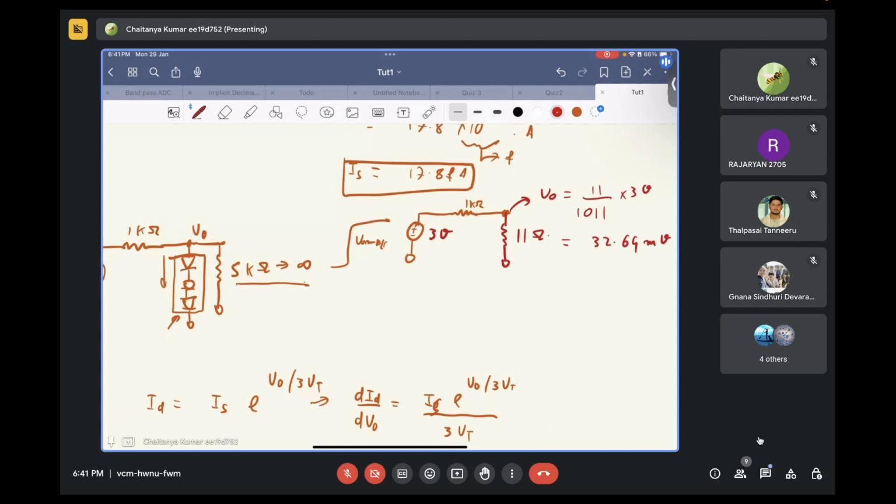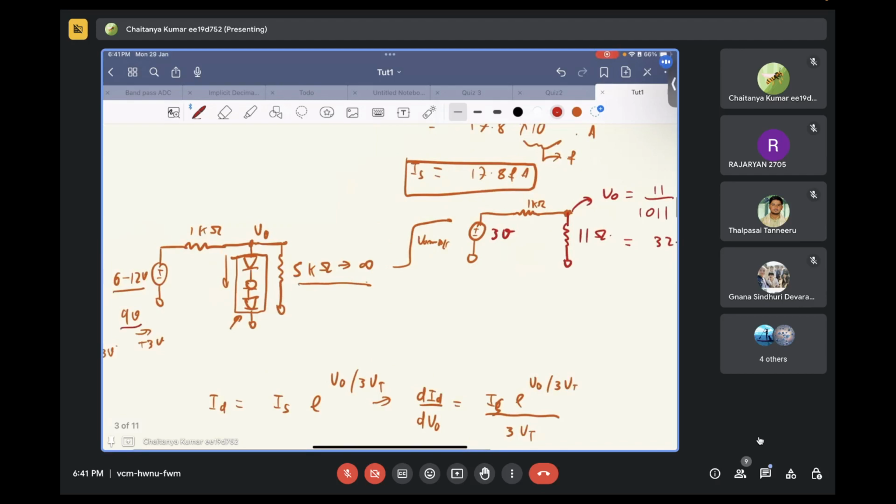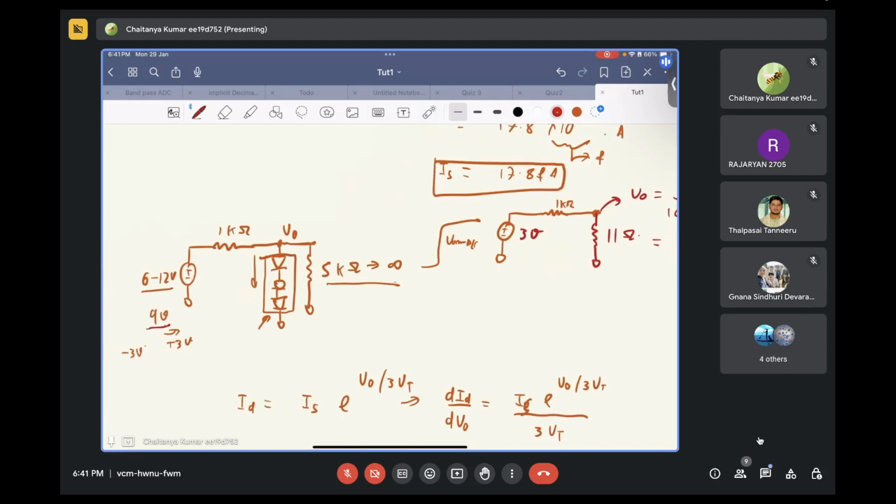It is residing over 2 volts, correct? Remember, initially the condition given was that if the voltage is 9 volts, the output resistance is 10 kilo ohms. So at that time, your voltage was 2 volts.